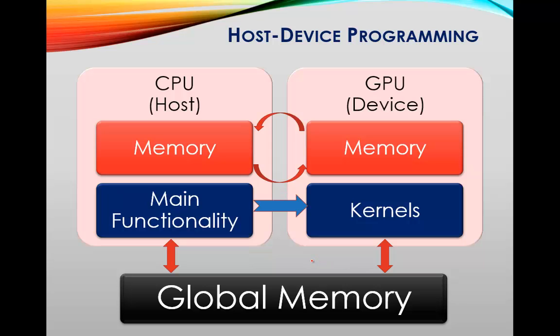The way that this works is that anything we have on the host memory is not accessible to the device, and anything we have on the device memory is not accessible to the host.